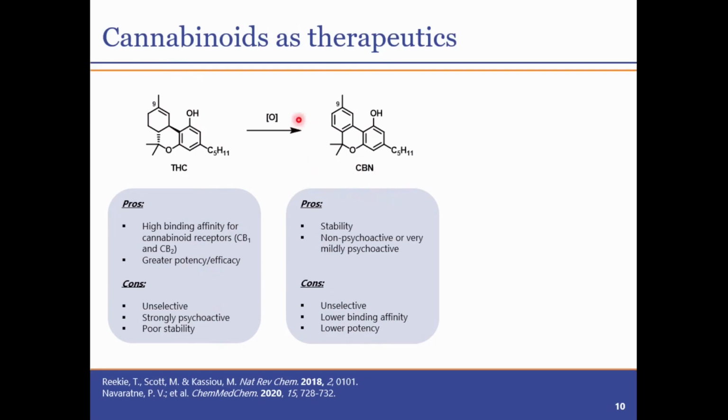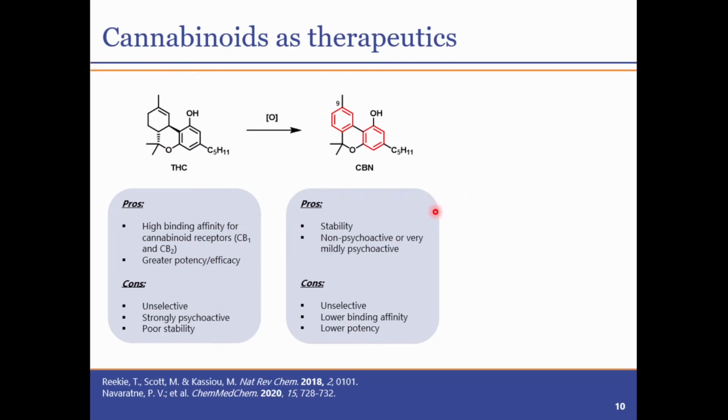Comparatively, cannabinol has some benefits: it's very stable. As I've highlighted here, this biaryl structure is very stable and very common in drug molecules, as it's easily functionalized to make derivatives, and it's stable under various conditions. And then cannabinol as a product is not very psychoactive, or is considered very weakly psychoactive.